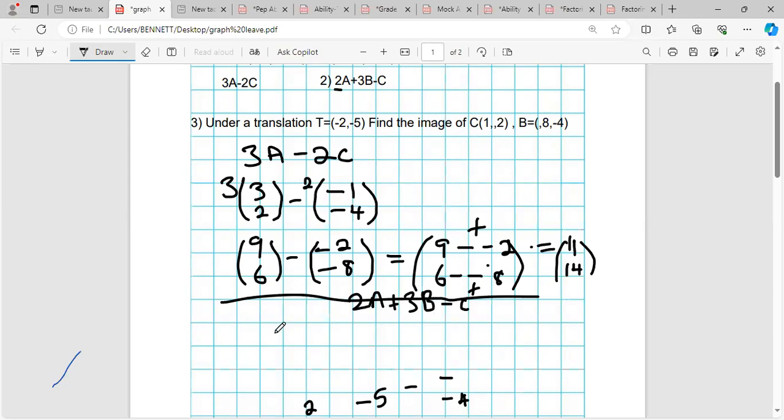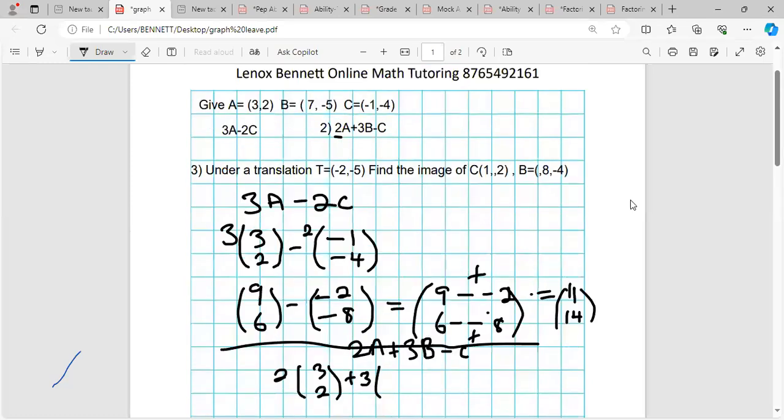So 2 times a would be 2, 3, plus 3b. When I was doing this, I made an error. I put 2 here instead. But then when I saw the responses, I realized that I made an error. Alright, what was b now? B was, go up. B is 7, negative 5, right? 7, negative 5. That's right.